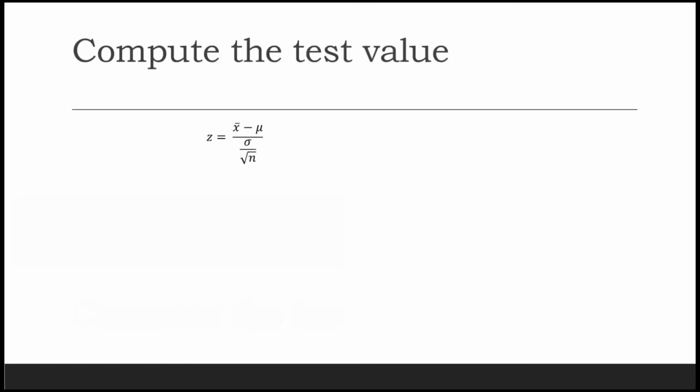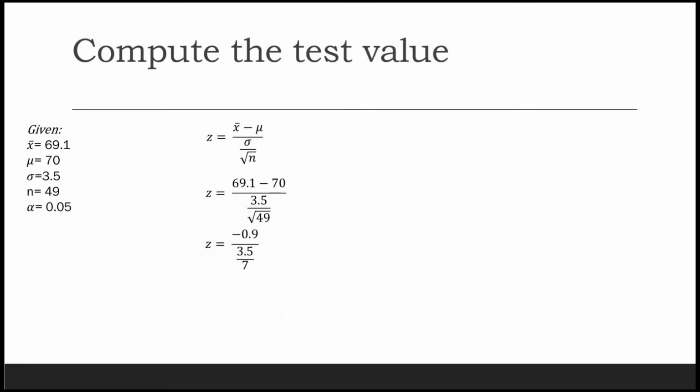So we will use the z-test and substitute the given that we have sa ating formula. So yung sample mean natin is 69.1 minus mean natin which is 70, and the standard deviation is 3.5 and the n is 49. So 69.1 minus 70 is equal to negative 0.9 over 3.5 divided by square root of 49, which is square root of 49 is 7.